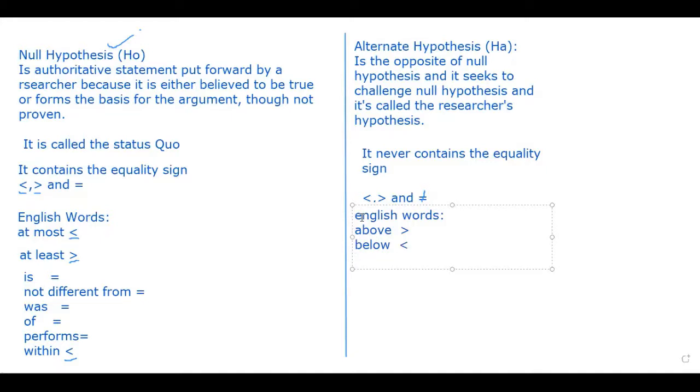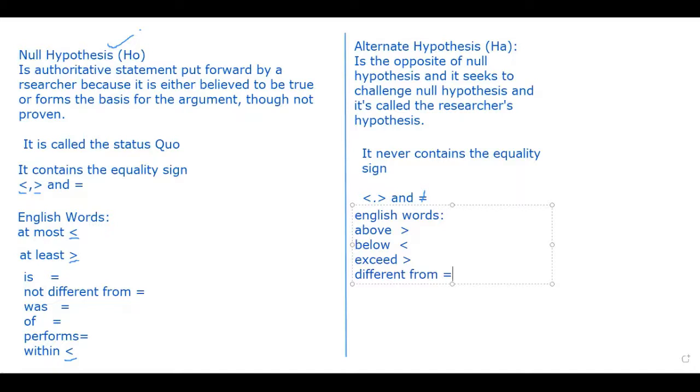When you see exceed, exceed is what? Greater than. More than, the sign itself is there, less than is there. Different from. You see, this one was not different from, it gave us the equal sign. So if something is different from, then we are not expecting equality here.